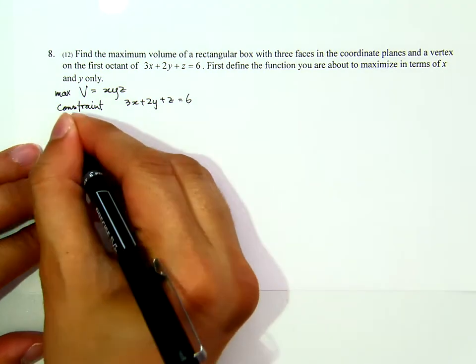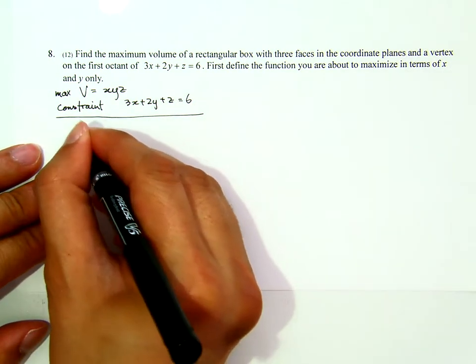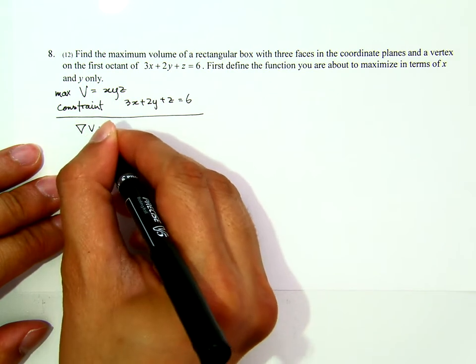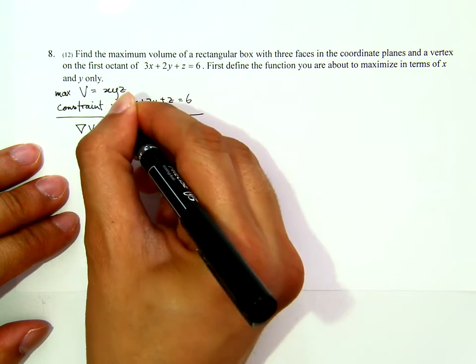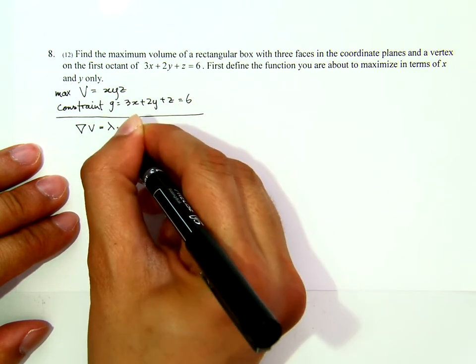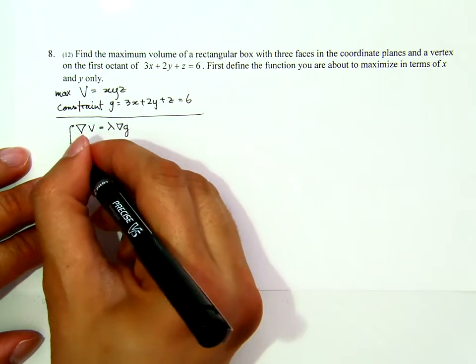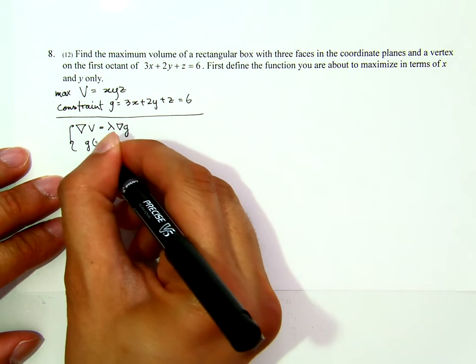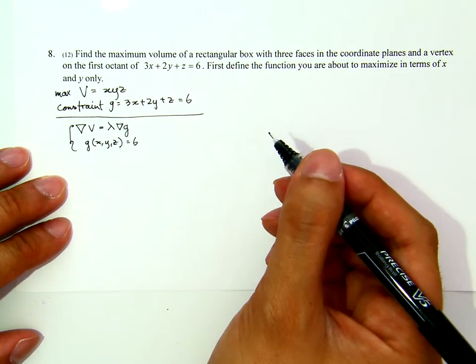Now, using the Lagrange multiplier, del V equals lambda del g, where g is the constraint. At the same time g(x, y, z) should equal 6.